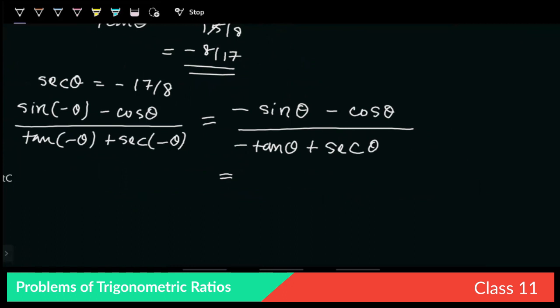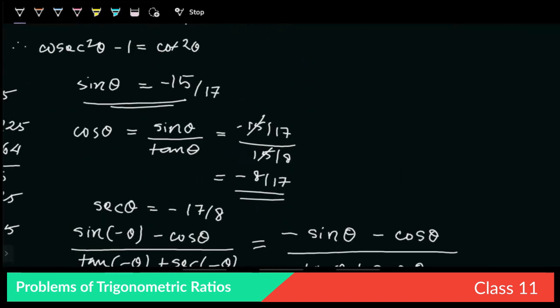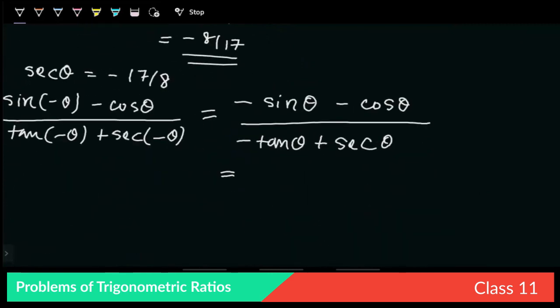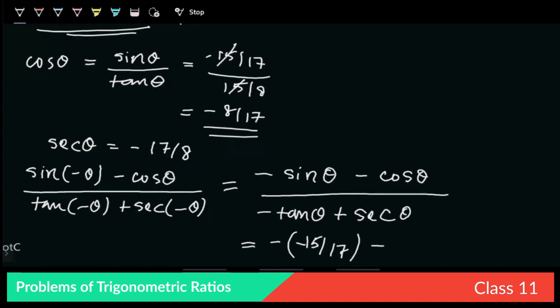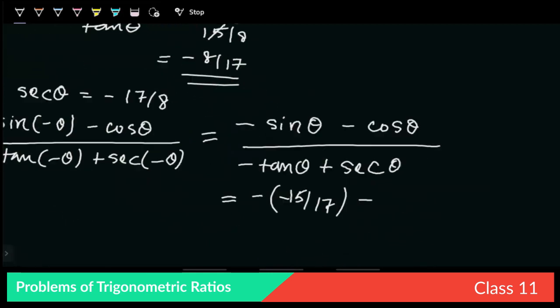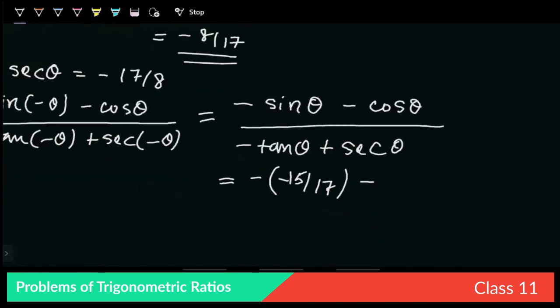Okay, so what was the value of sine theta? Sine theta was minus 15 by 17. So here it is minus sine theta, so I can write minus of minus 15 by 17. Okay, minus cos theta. Cos theta was minus 8 by 17.